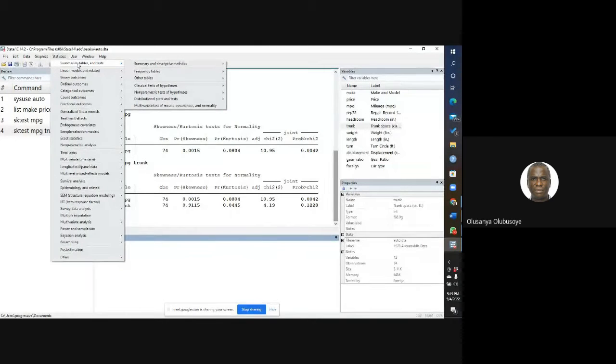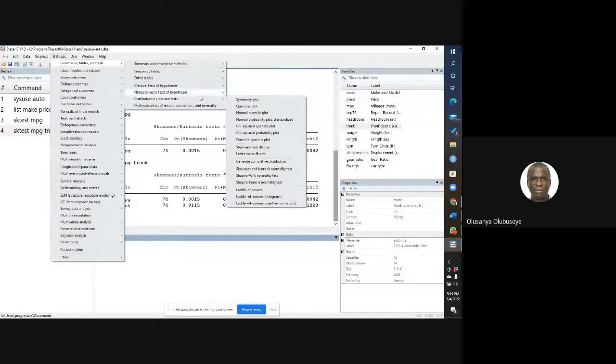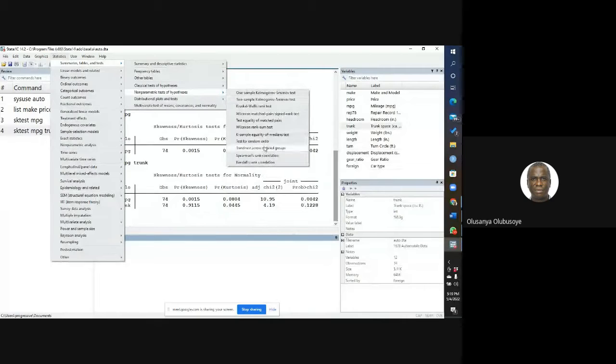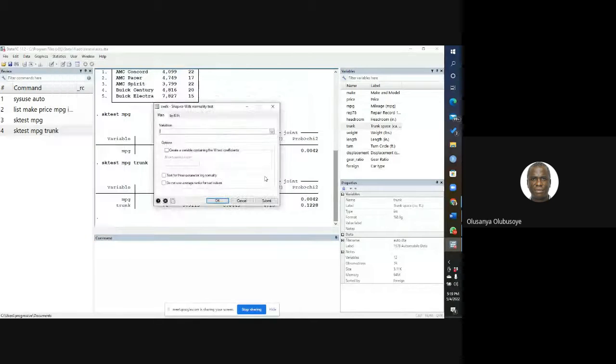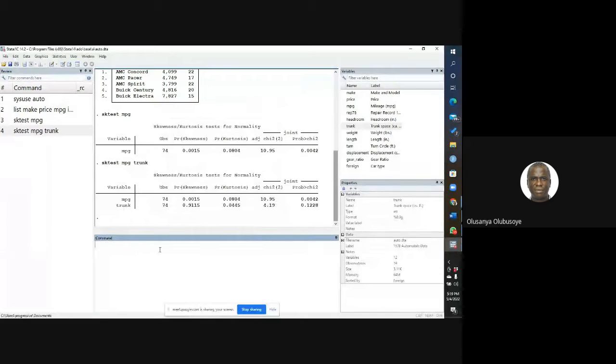Let's go to another test. This time you will see the Shapiro-Wilk test. Let's use the same MPG variable, and you can just copy that and paste.